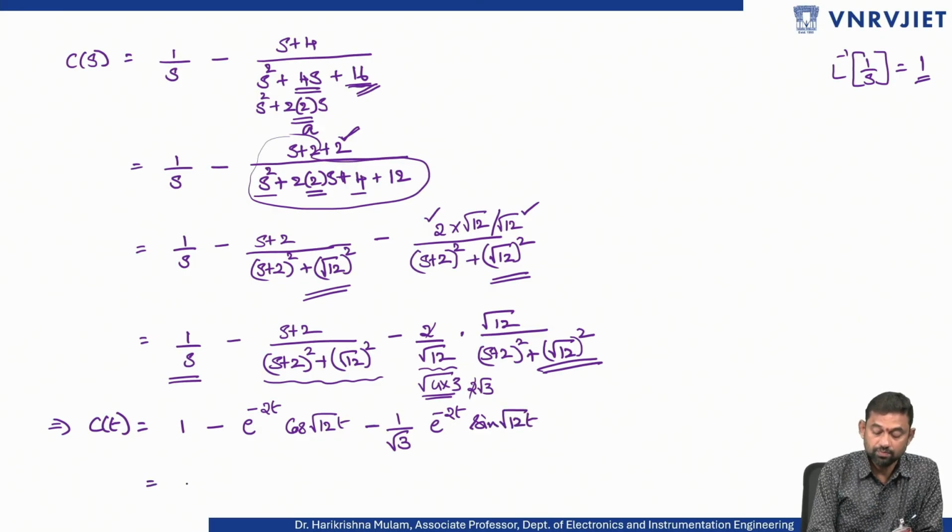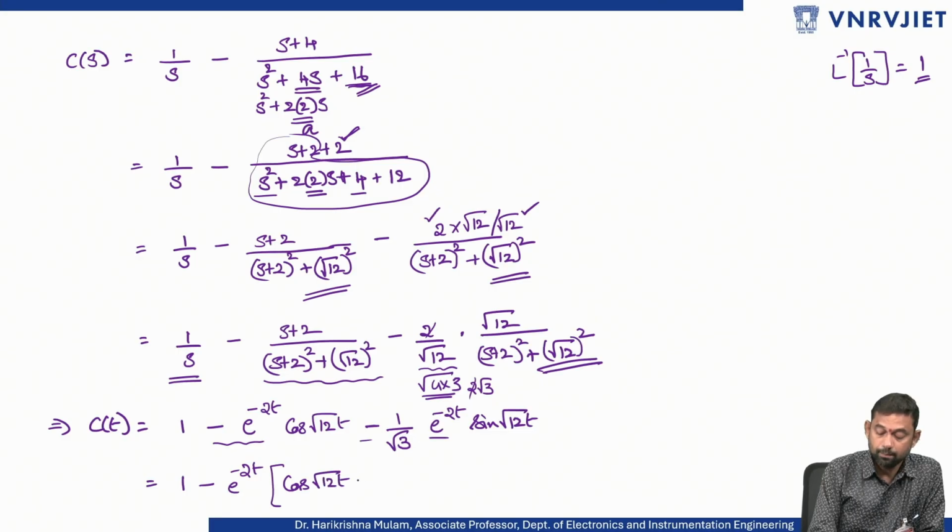That is equal to 1 minus, if you take this minus e power minus 2t common, what else is there? Cos square root of 12t plus 1 by square root of 3 sine square root of 12.